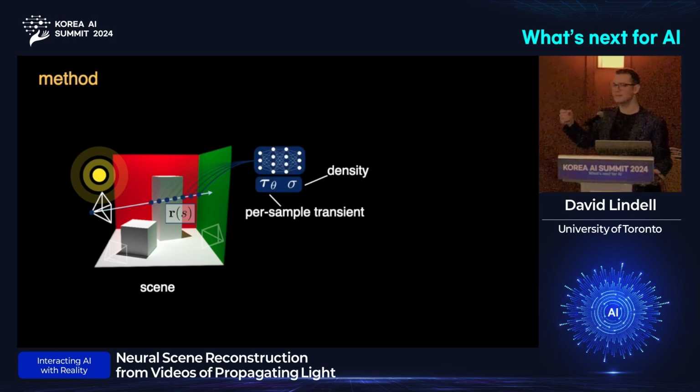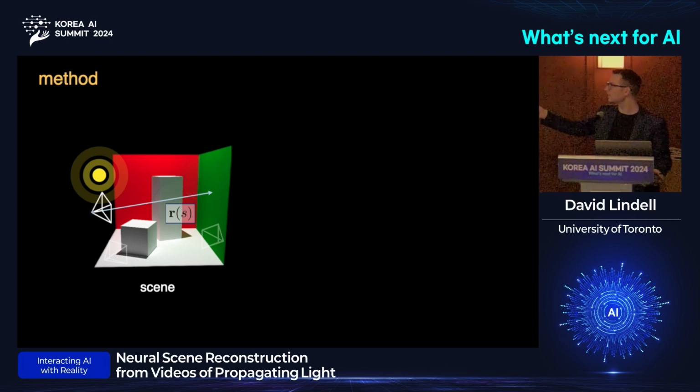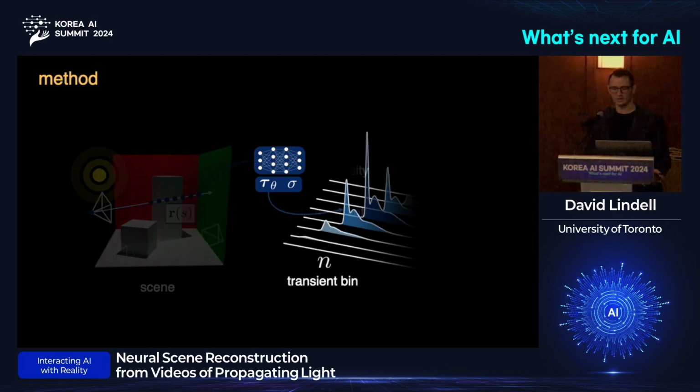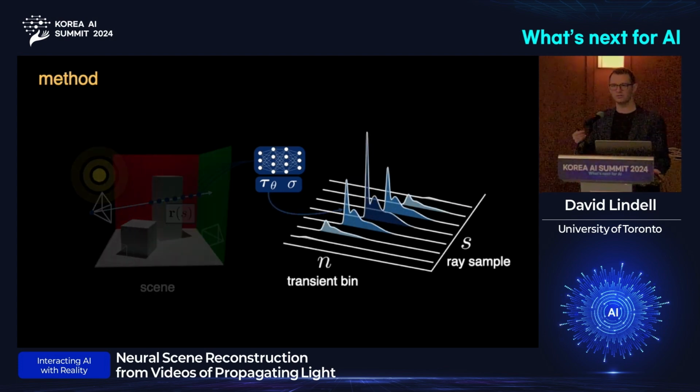But instead of predicting a color value or radiance at every point, we predict what we call a per sample transient. This is a one-dimensional waveform that gives us a time-resolved view of the intensity of light coming back to our camera from every sample location along the ray.